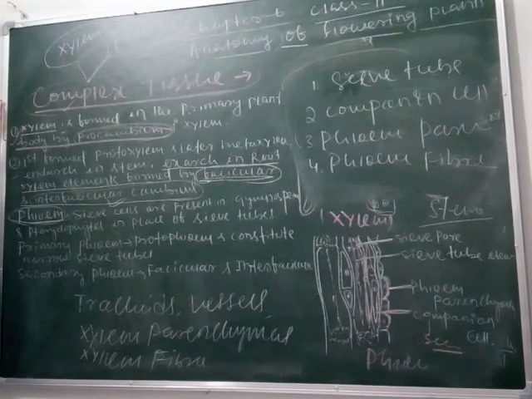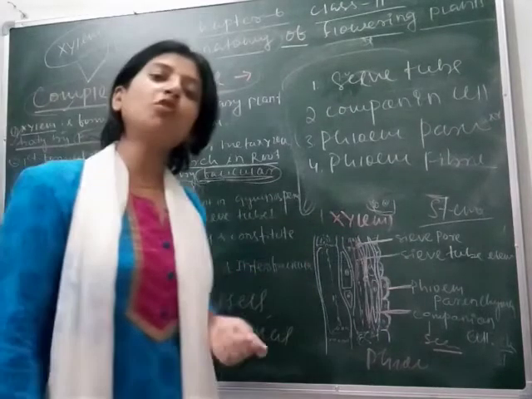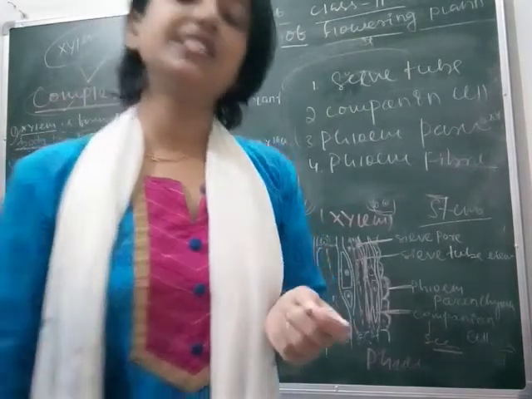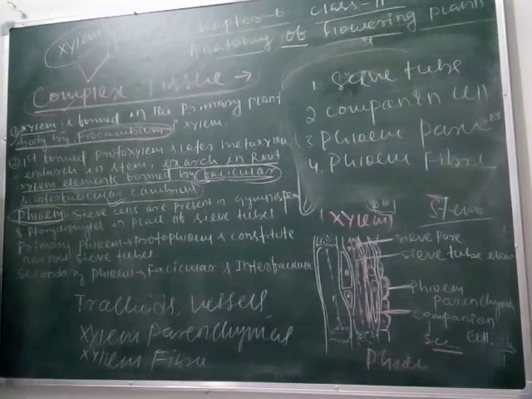how they are helpful. And remember one thing also, in case of a mature sieve element, it has a dead protoplast. As we know, protoplasts are the living substance in a cell, but here the protoplasts are dead because it has to provide support.